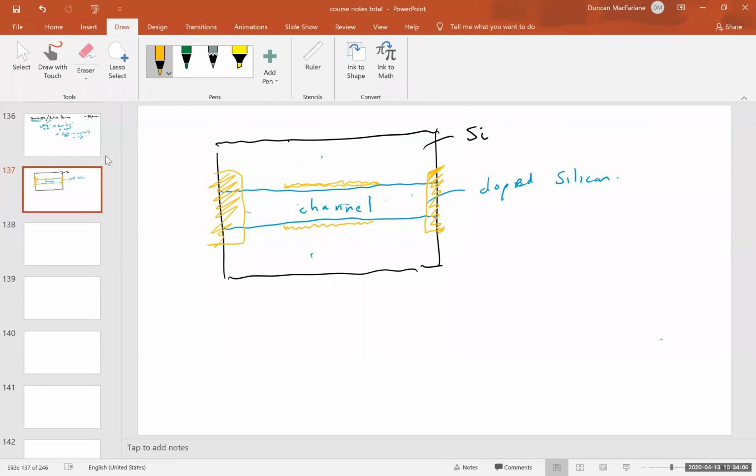Actually, I'm going to cover the whole channel with metal, but I'm going to draw it just on its side like this. And these three metal pieces have names. That's the source, this is the drain, and this is the gate.